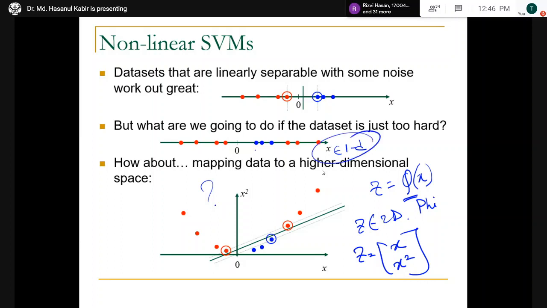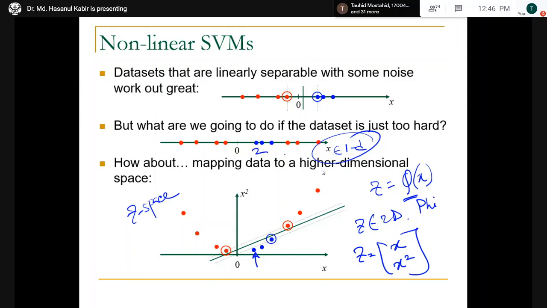For example, let's say this value of x was equal to 2. So if I move to this z space, meaning the transformed space, then the same sample, if I show it over here, this is 2.